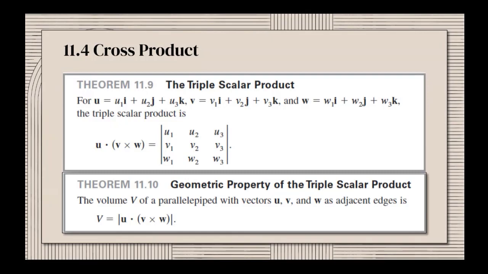You can take the cross product just like you do a normal cross product, but instead of having ijk in the top row, you put the u vector, and when you multiply everything out, you will end up with a scalar solution. This also is the volume of a parallelepiped, so you would take this triple scalar product if they asked you to find the volume of a parallelepiped.